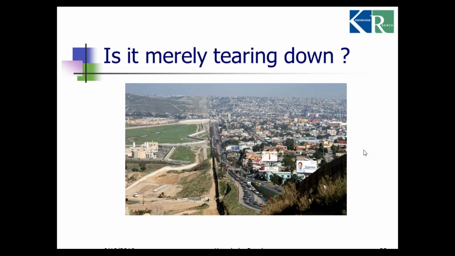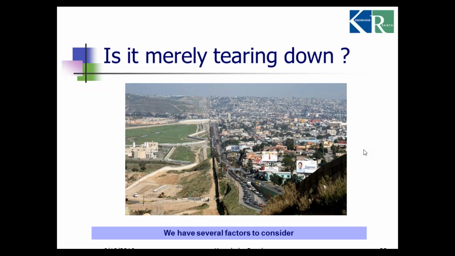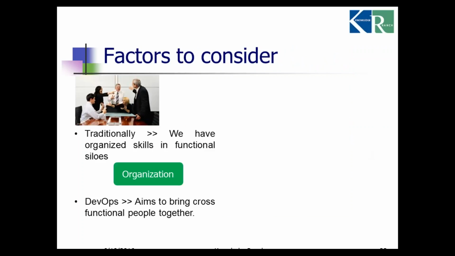So what do we really need to consider when we think about adopting DevOps? We have listed 5 factors that you want to consider, and the first factor is how you organize yourself. How are teams formed, and on what skill are they formed? Traditionally, we have organized ourselves into functional silos: a database team, network team, security team, and n number of other teams.